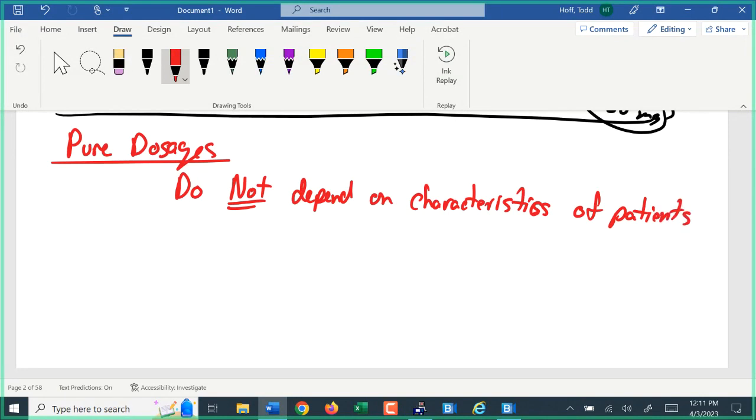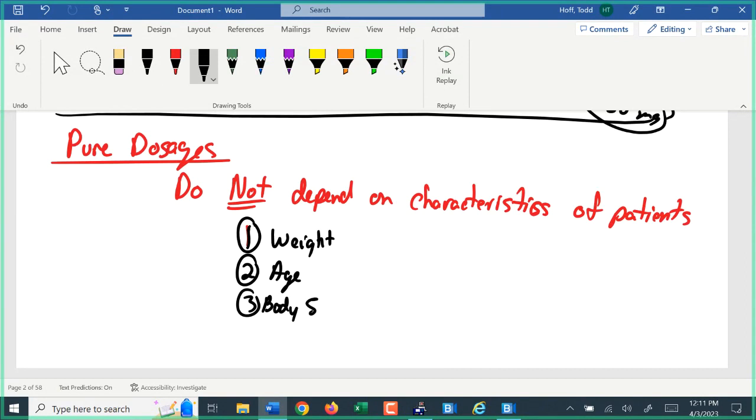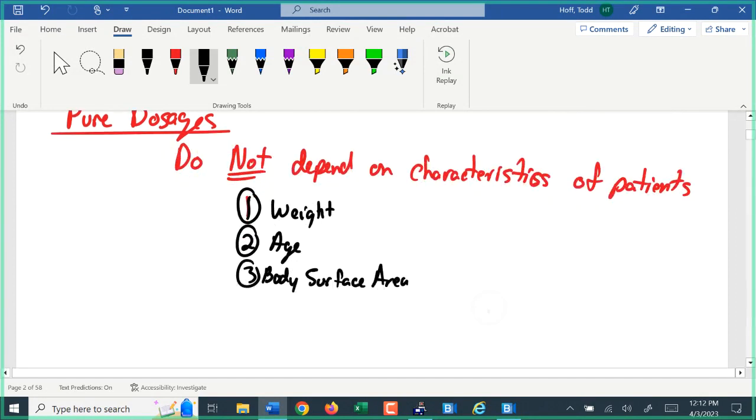There's no figuring in weight or anything else. And the factors that we could figure in could be weight, could be age. Is it a pediatric dose? Is it an adult dose? Or another one that we'll actually do before we're done here is body surface area. And so all of these are characteristics that can be used to calculate dosages.